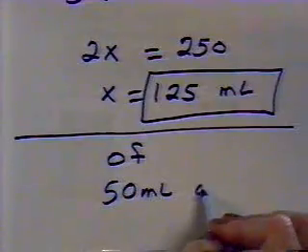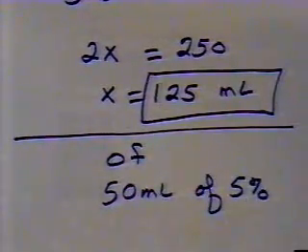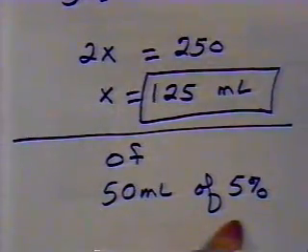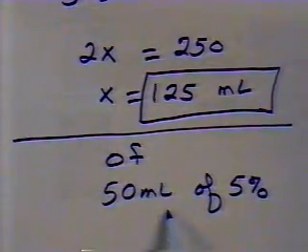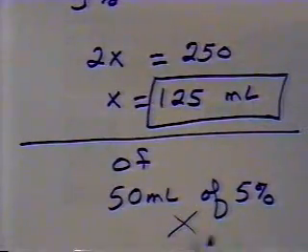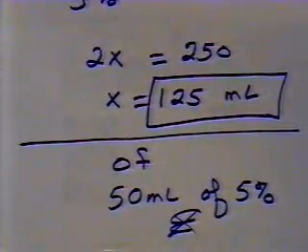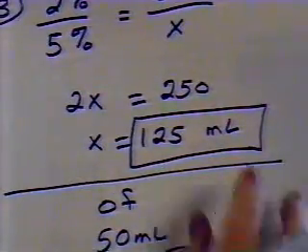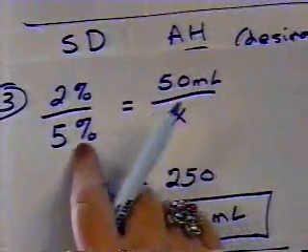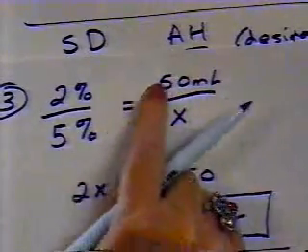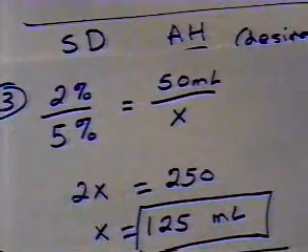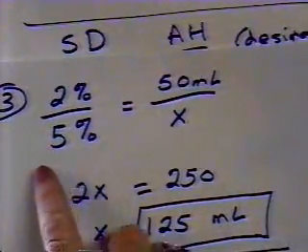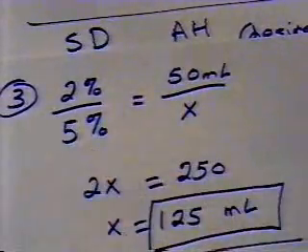The numbers connected by the word of have to be on the diagonal from each other. So after you set it up, you can go back and look for the word of, 50 of 5, and make sure that 50 and 5 are on the diagonal. It's one way to make sure you didn't get something upside down if you always check your word of. The numbers on the of have to be on a diagonal.